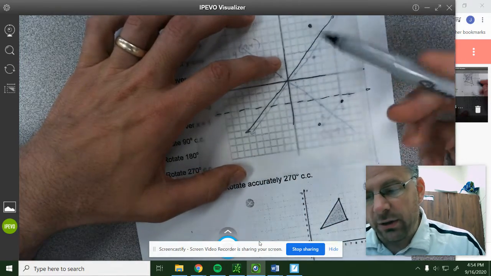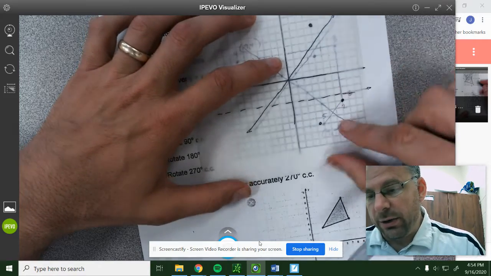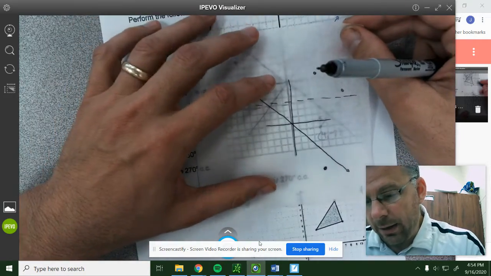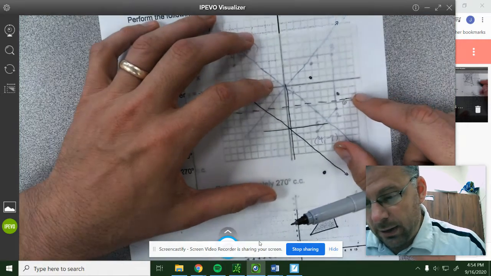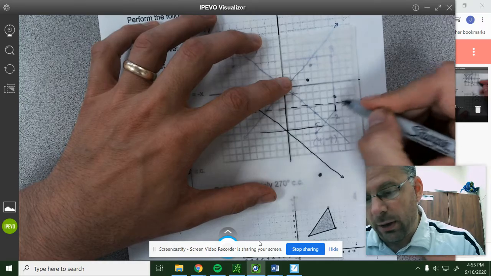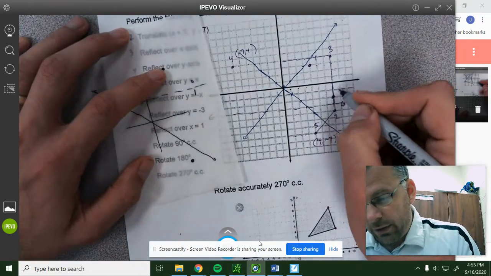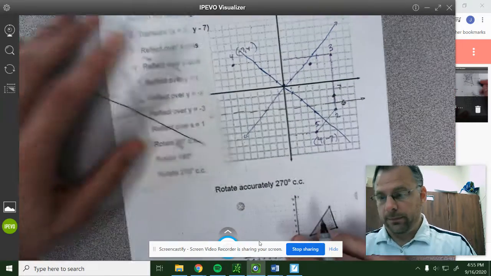So I need to make sure that this line is back in the middle. When I flip, really what I'm going to do here is line up that line right like so, and there's my reflection. So it was 1 below the line. Now it'll end up 1 above the line. Right there. There's my new point 7.